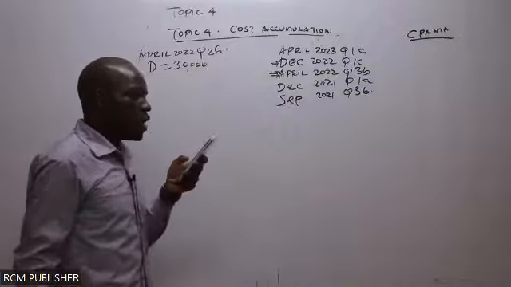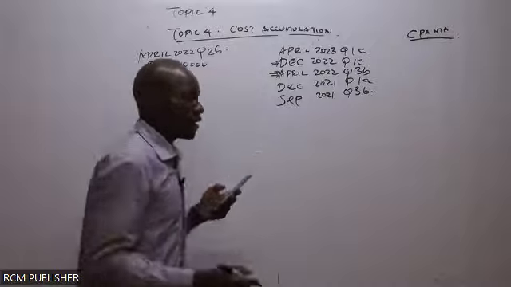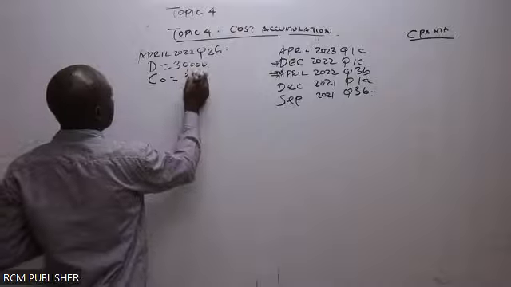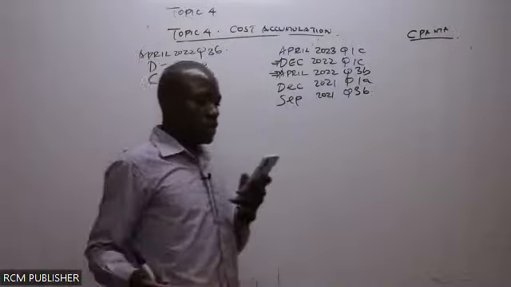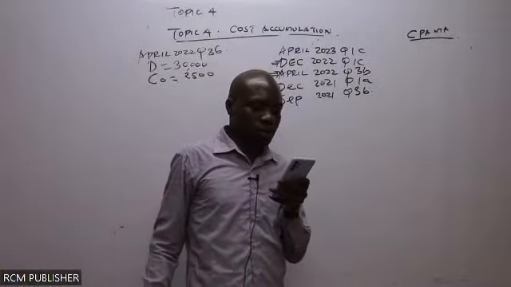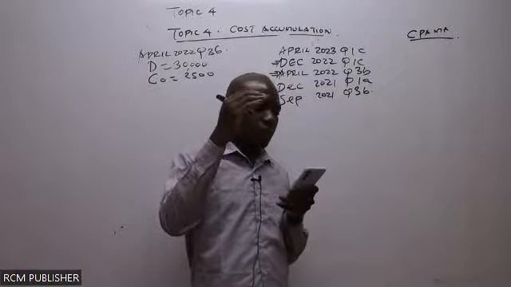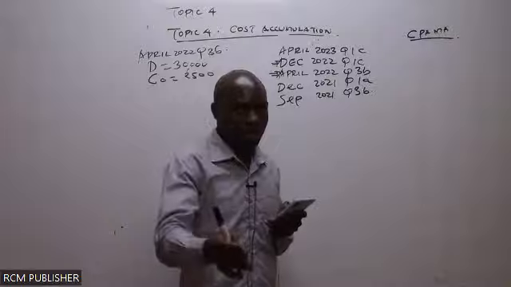And then the ordering cost per order is shillings 2,500, which we also said is constant. Just have them listed down like that. You'll be able to see that this is the simplest question. The holding cost is expressed as a percentage of purchase price at 20%.